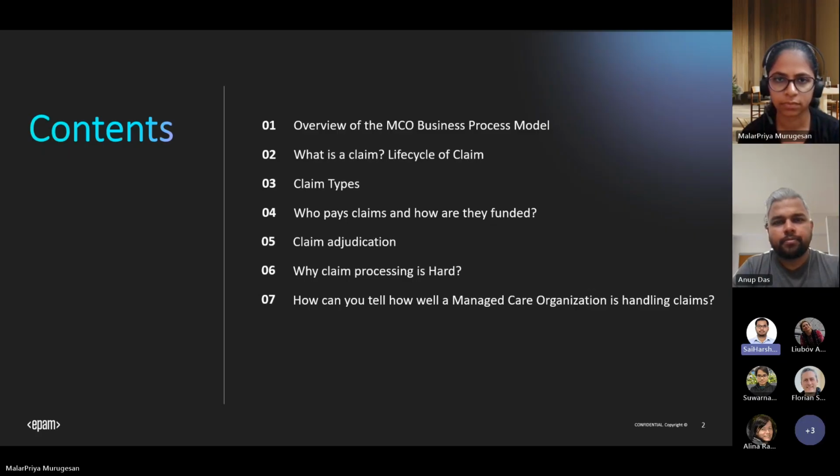So in today's basics session, we'll be talking through the managed care organization business process model, claims lifecycle deep dive, decoding claim types, funding and payouts, claim adjudications, why claim processing is hard, performance metrics, and implications to shape claim processing.